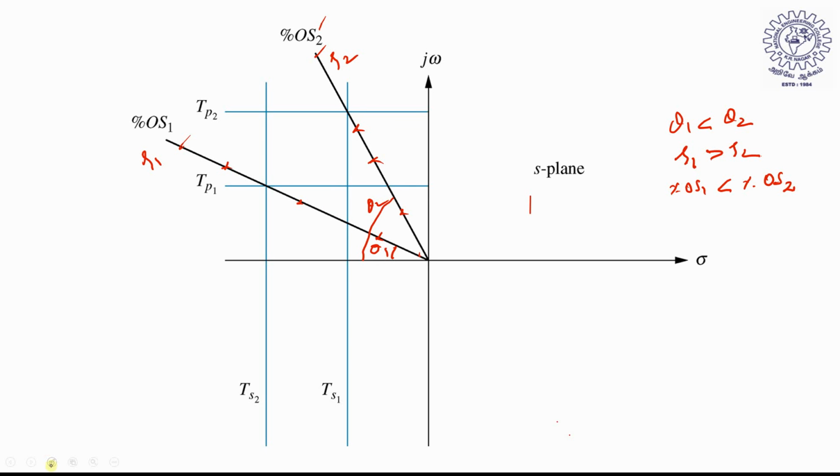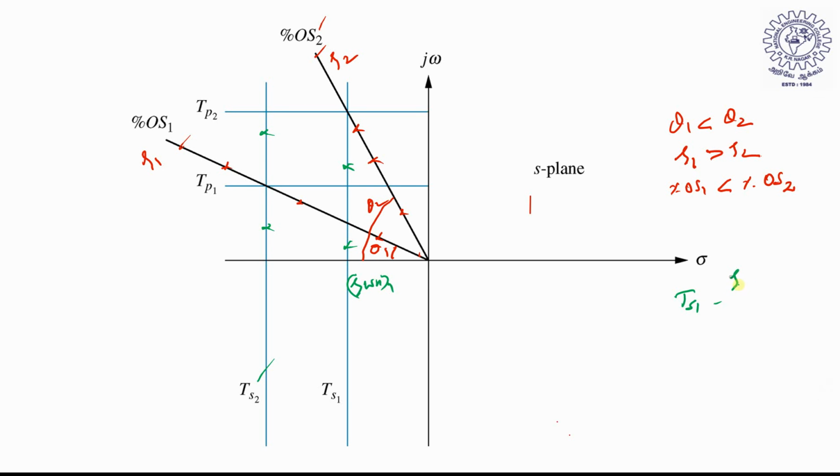Another piece of information we can gather is about the same real part. Let us assume any poles lying here have the same settling time, TS1, that is, they have zeta omega n 1. At the same time, if any system has these locations, again they have the same settling time, TS2. What is the difference between TS1 and TS2?